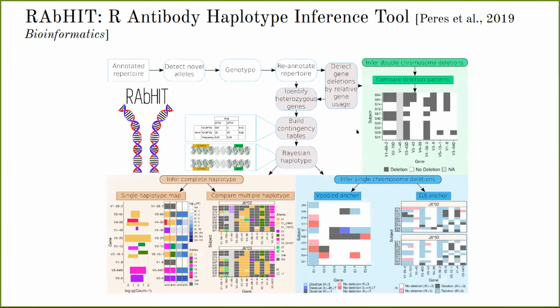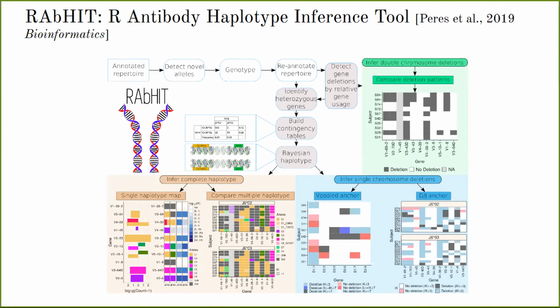So building on that and all the Immcantation tools, we developed Rabbit, which is an extension to the Immcantation. And Rabbit comes to infer haplotype from B-cell repertoire. So as I said before, it's quite hard to build back the chromosomes from small fragments.